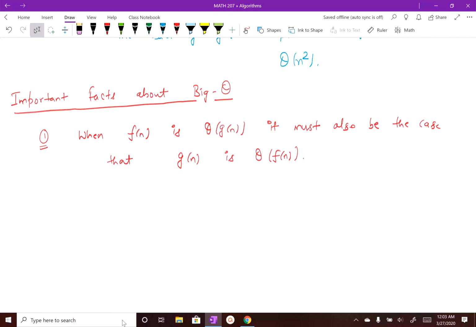And this property holds because when you write f of n is big theta of g of n, that means they both are going to be of the same order.